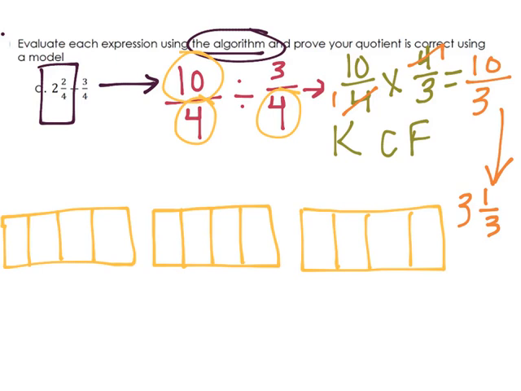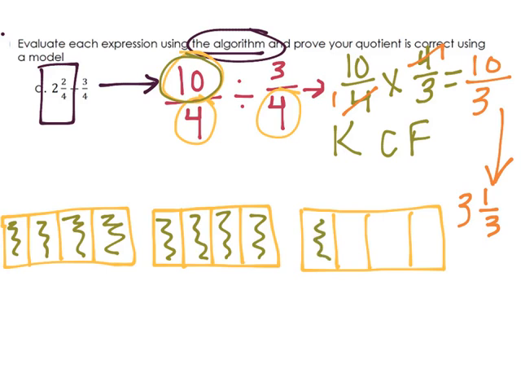Now I have enough to represent my dividend, so I'm going to shade the amount of my numerator, which is 10. So I know I'm going to shade these 4 to have 8, and then half of my last tape diagram, because that is 10. So I'm going to label this. That is my 10/4. Whoops.